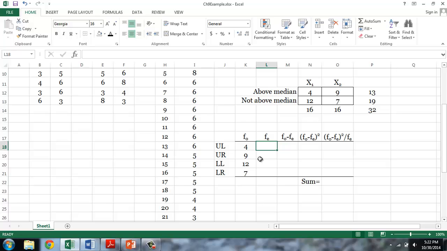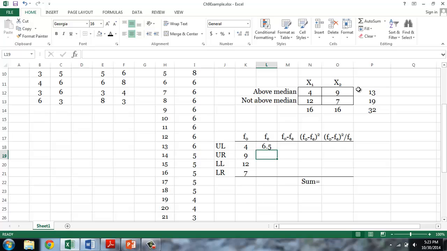The expected frequency is the frequency we would expect if the group designation did not matter. For the upper left cell, this is equal to, in parentheses, the row total for the row that contains the cell, in this case 13, times the column total for the column that contains the cell, or 16, close parentheses, divided by the total number of observations.